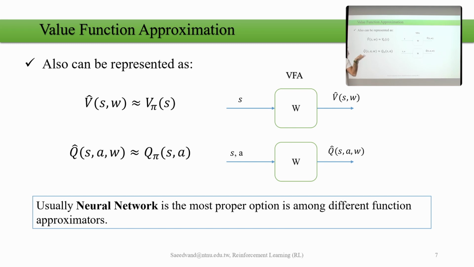If you want to have Q of the state, action, and W, then instead of only the state, we have state and action as input. Not only the features that you can see, but the action that your agent is running will also be input. Then we want a value function approximation that gives me back the Q value.